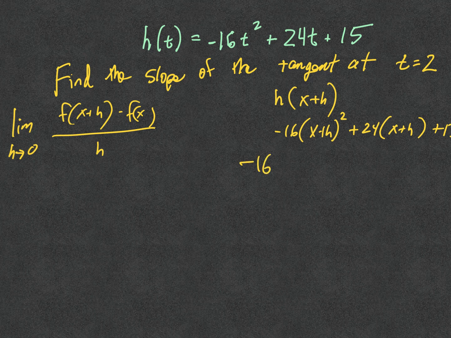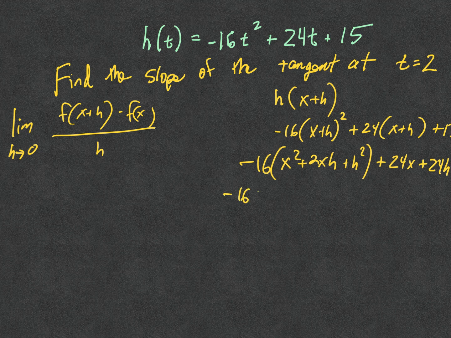So it'll be negative 16 times x squared plus 2xh plus h squared plus, I'll go ahead and distribute it, 24x plus 24h plus 15.